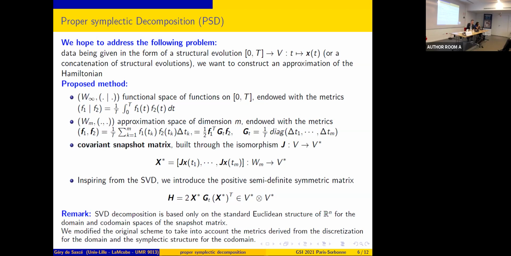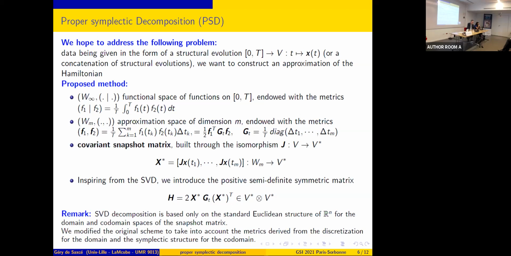These functions are approximated by vectors living in an approximation space Wm of dimension m, equipped with the following scalar products, and where this finite sum is the discretization of the integral.